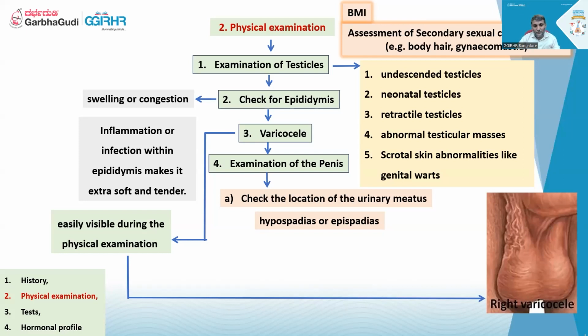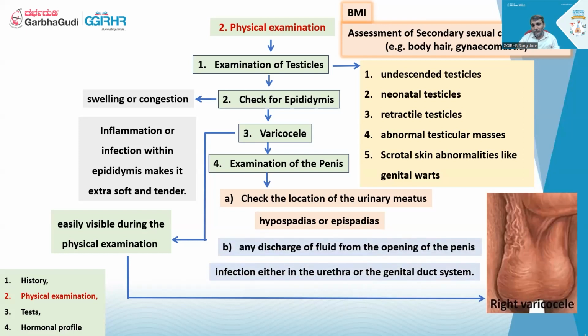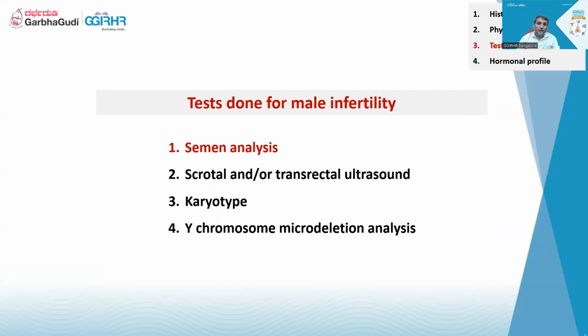You should check for hypospadias or epispadias, whether the opening is above the penis or deep below it. And very important, you should see whether there is any discharge at the tip of the penis. It can be due to a urinary tract infection or any infection of the penis.